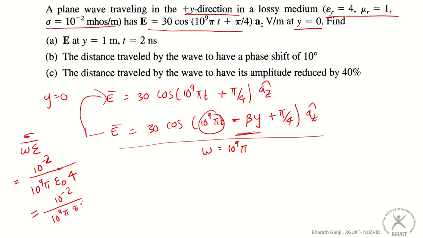Epsilon is 8.85 into 10 to the power of minus 12 into 4. Let me use my calculator here.